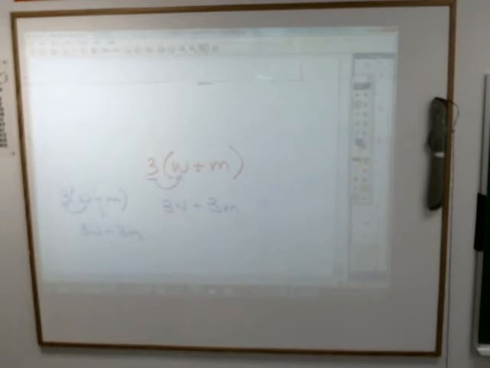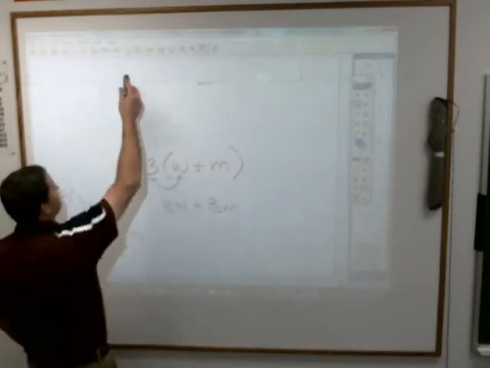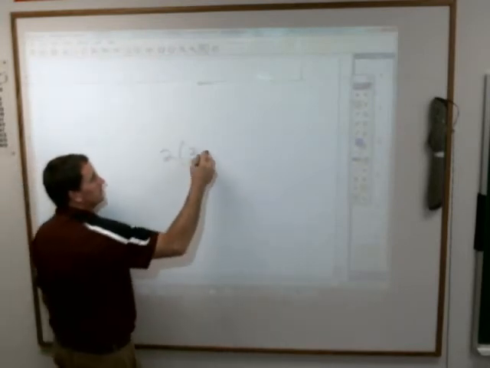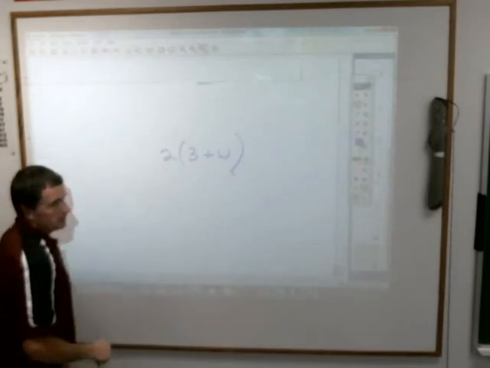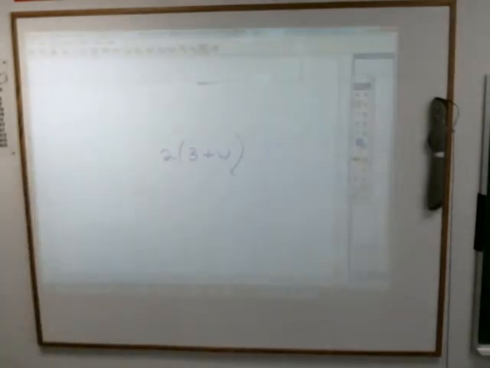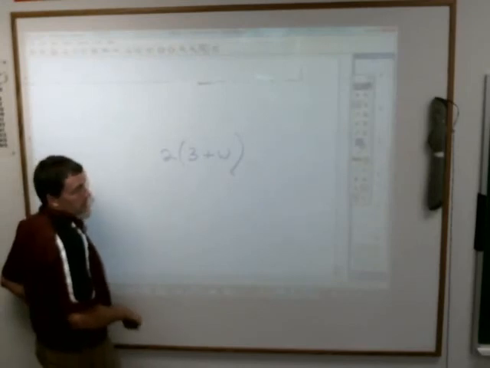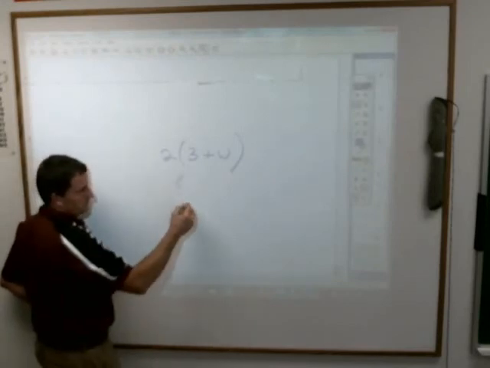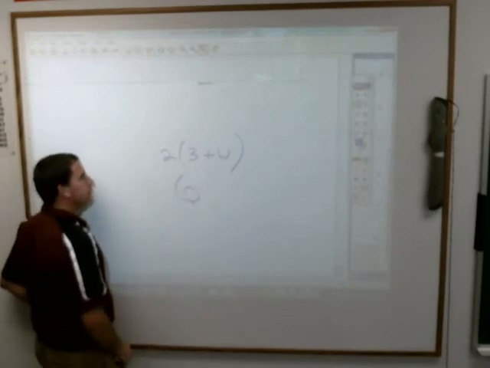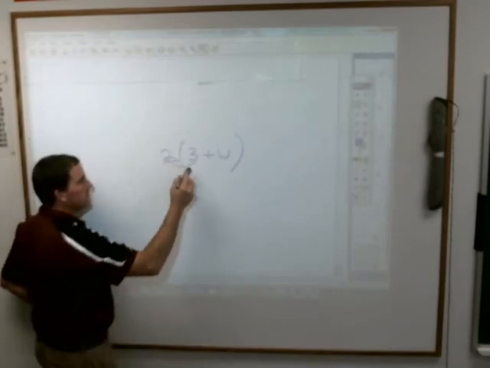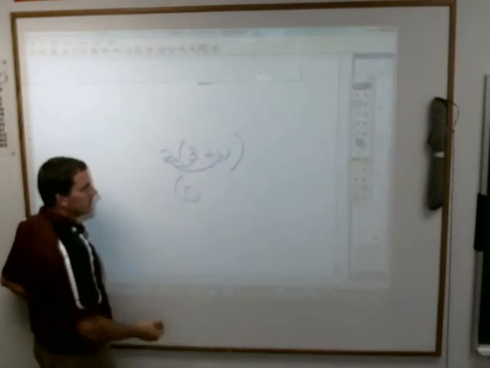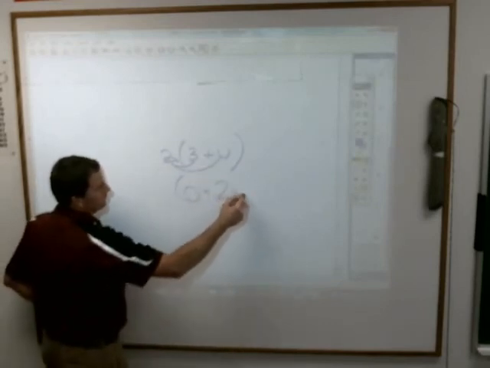How about this one? 2 times 3 plus w. If I use the distributive property there, Gary, I'm going to get 2 times 3, that's 6, plus 2 times w, which is 2w. Always put the number in front of the letter.